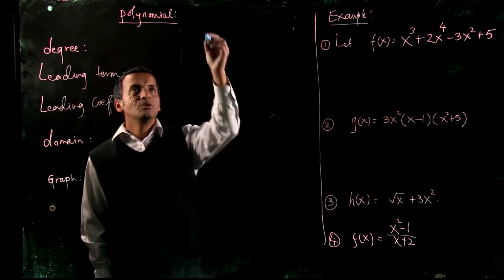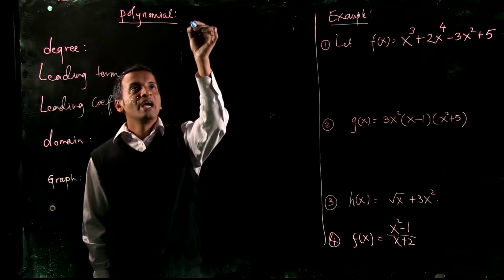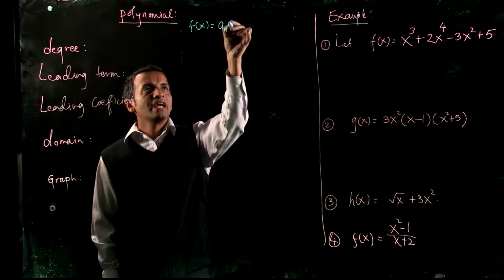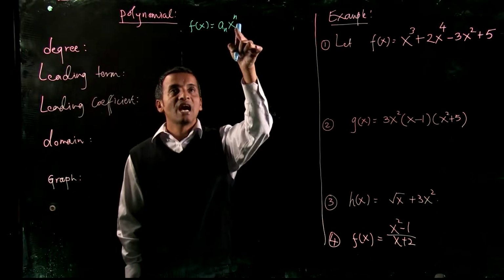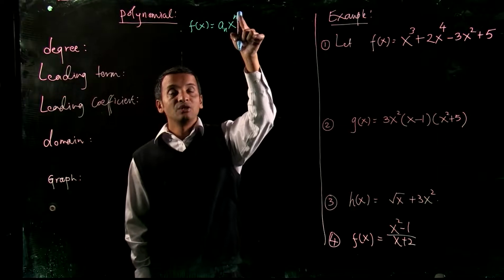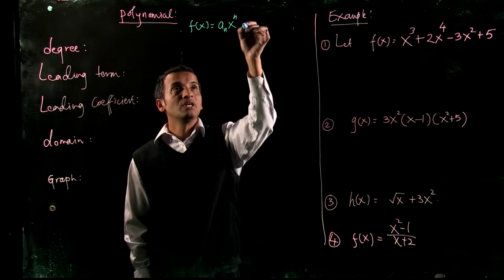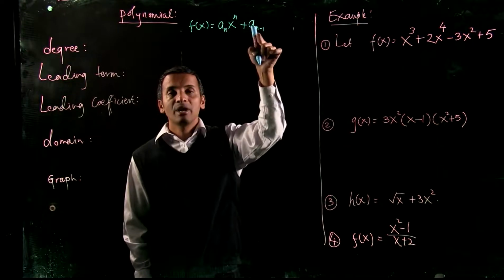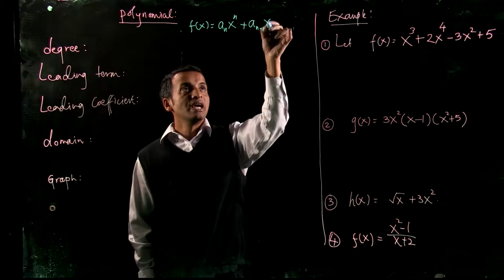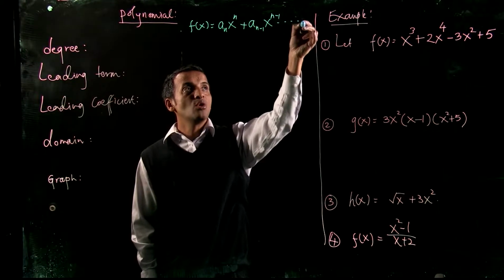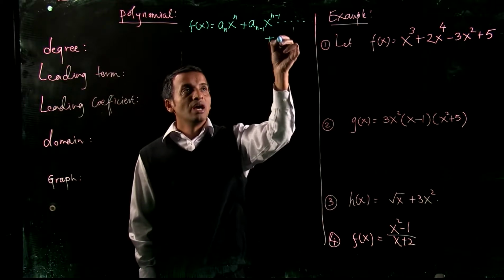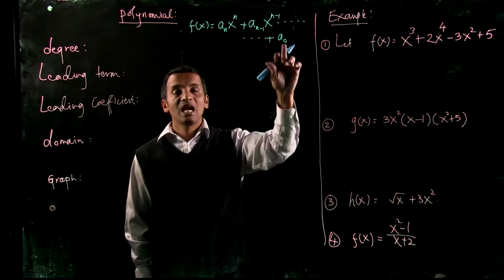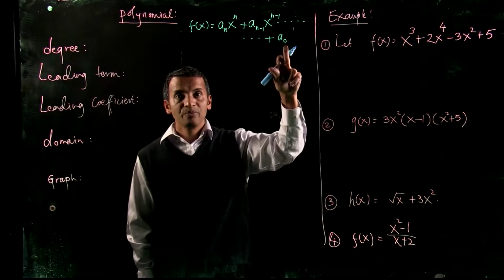It should have the form f(x) = a_n x^n, meaning this is the highest degree term, where n is the highest exponent, then a_(n-1) x^(n-1), and so on up to a_0, because the last one is the constant.